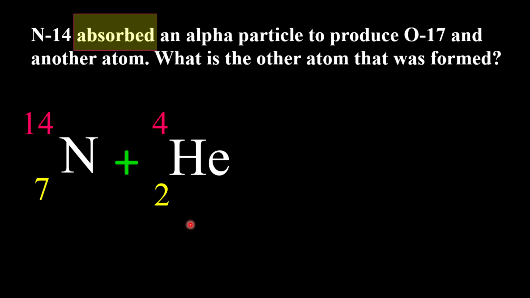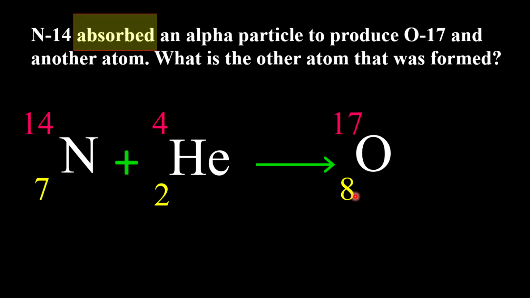That's been absorbed. The question also states that oxygen 17 is formed or is produced. So produce means it comes after the arrow. So oxygen 17, we know that if the mass number is 17, on the periodic table we're going to see 16, right? So of course you know this is an isotope, right? That's definitely an isotope.